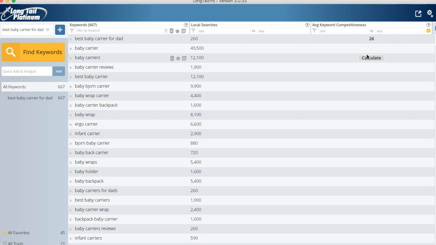So with Longtail Pro, I look at any keyword below 20 as incredibly easy to rank for. Any keyword between 20 and 30 is pretty decent to rank for. Like, I would target it and probably rank within 3 to 6 months, depending on the margin between 20 and 30. 30 to 35, again, 6 months, I'd say, is probably a pretty good time range.